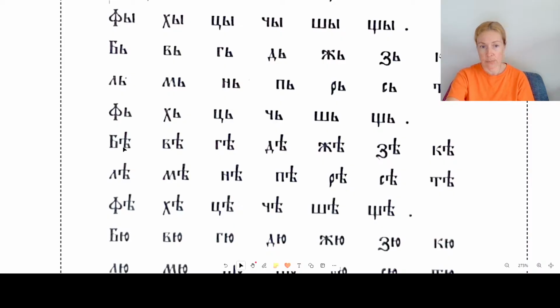It's not ba, it's be. It depends on your territory. As I said, Bulgarians will say bia for this. So I'm using the Russian variant, and I'm reading with the Russian variant of Church Slavonic.